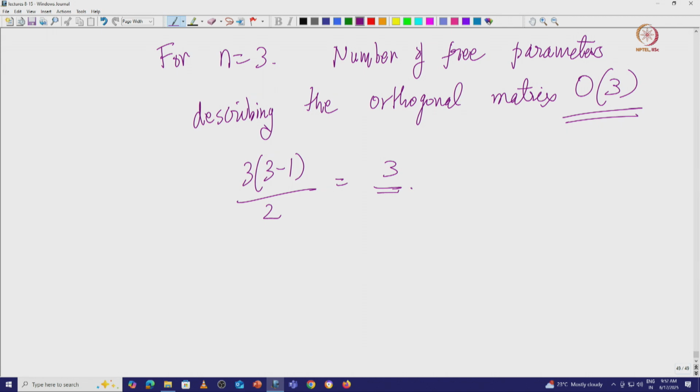So they will have 3 free parameters describing any orthogonal matrix in 3 dimensions essentially. Now any orthogonal matrix in 3 dimensions is nothing but your 3 angles for rotations.